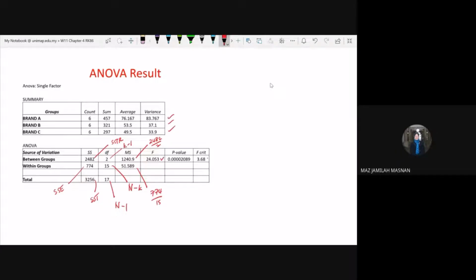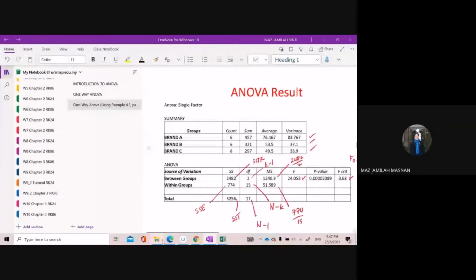And this will be my critical value. So that will be F alpha 0.05, 2, 15, which is given by 3.68. That will be generated by Excel. What if you are using your table? Let us look at our table.